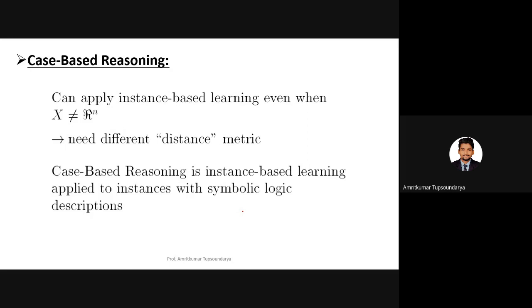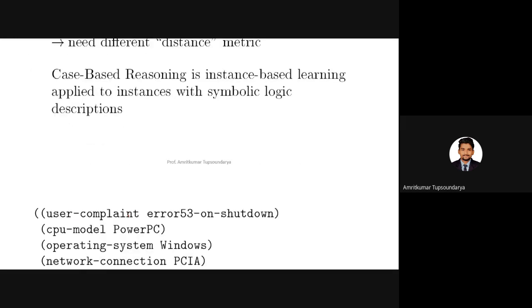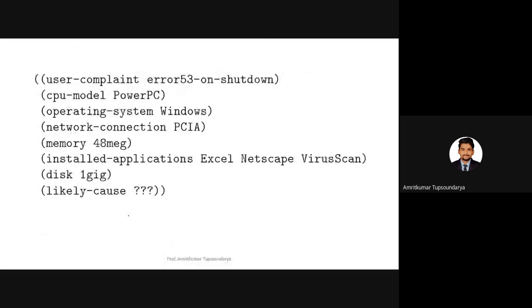Now, case-based reasoning is instance-based learning, of course, and it is instance-based learning applied to instances with symbolic logic descriptions. So this is just an example of what we mean by that.